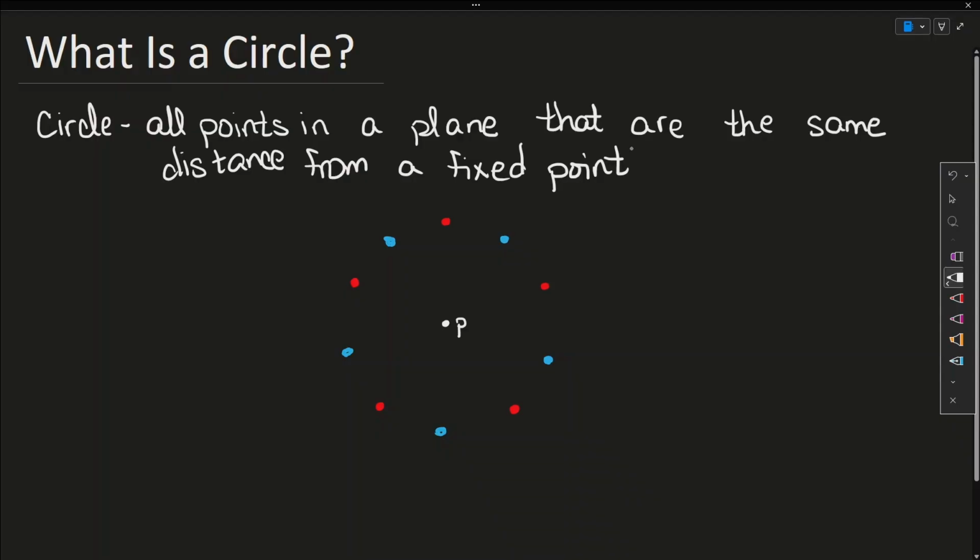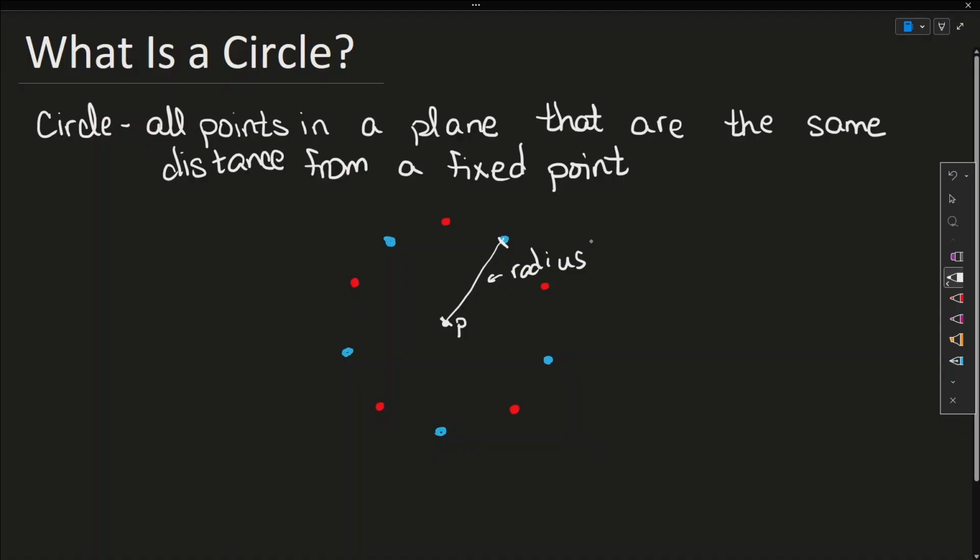In our picture, point P is the center, and every point we placed is 1 inch away from it. That common distance from our center and every point along our circle is called the radius. So in this example, our radius is 1 inch.